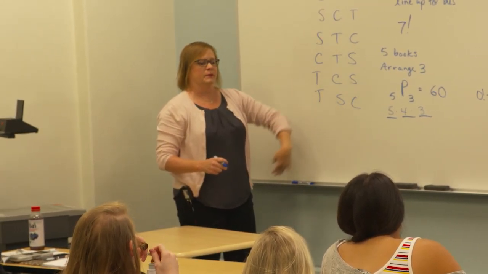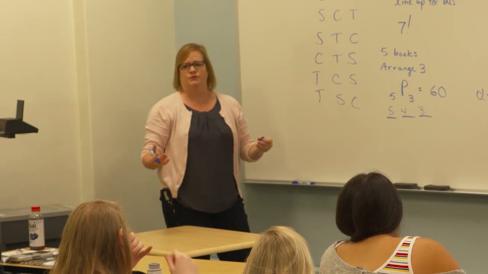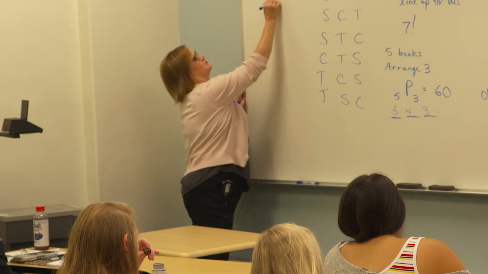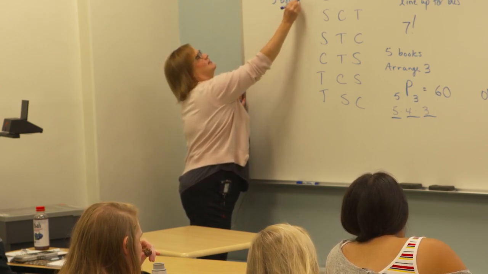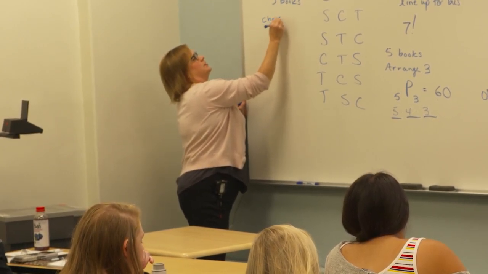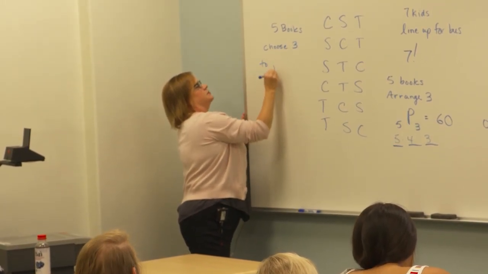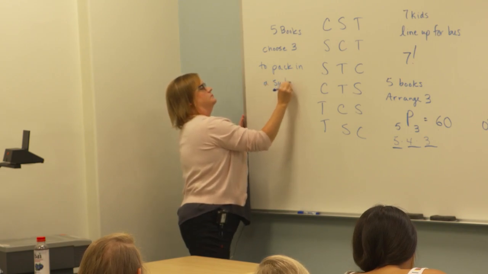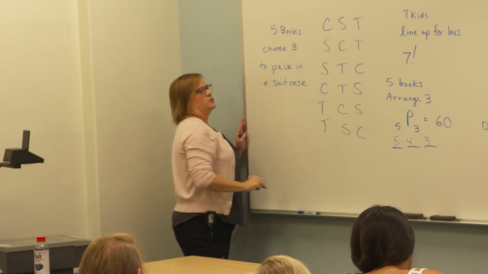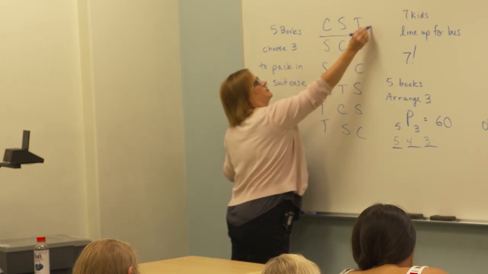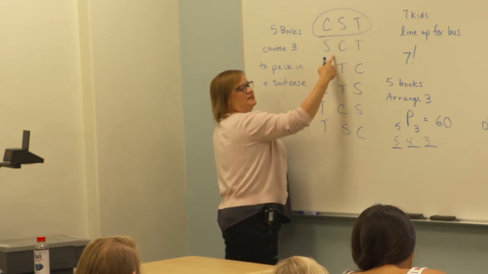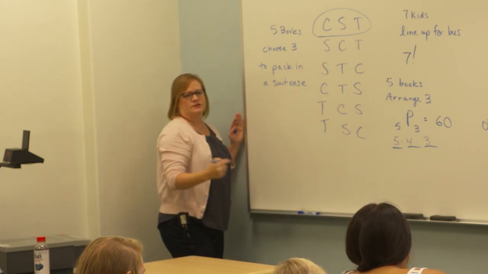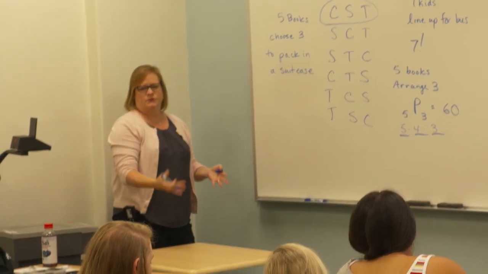So what if I don't care about that? I just want to take 3 of them on a trip, because I have to bring my math books on a trip. So I have 5 books, and I need to choose 3 to pack in a suitcase. Now if I pick this group of 3, do I really need to count it 5 more times? It's doing the same thing. I'm just throwing those 3 in a suitcase.